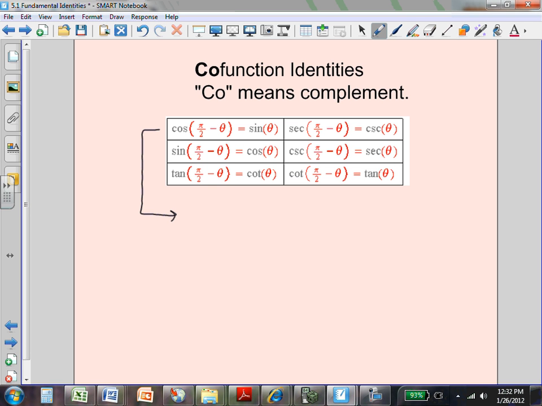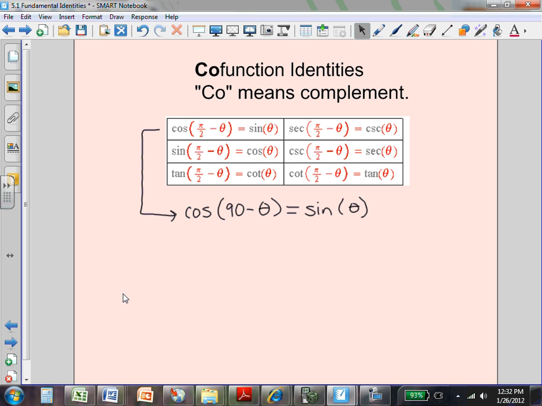Now, these are written in radians. But if we think of them in terms of degrees and relate this back to your days in geometry, this says the cosine of 90 minus theta equals the sine of theta.